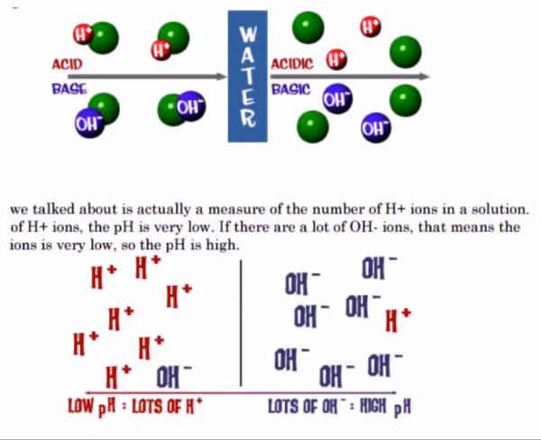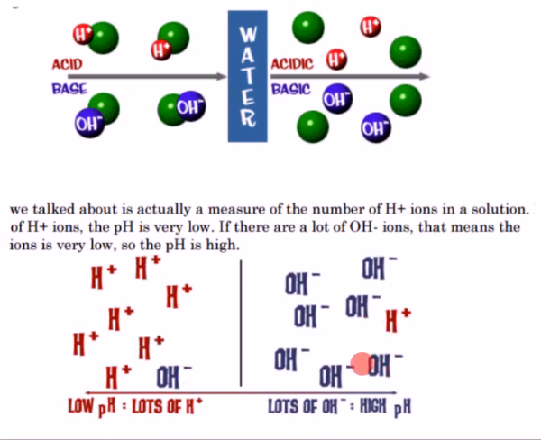Down here, if we take a look at what's actually happening in solutions, to have a low pH, you have a lot more hydrogen ions than hydroxide. Notice you have both of those present in the same solution. Why? Because water's there, so water breaks up into those. But for it to be an acid, you have more H plus than hydroxide.